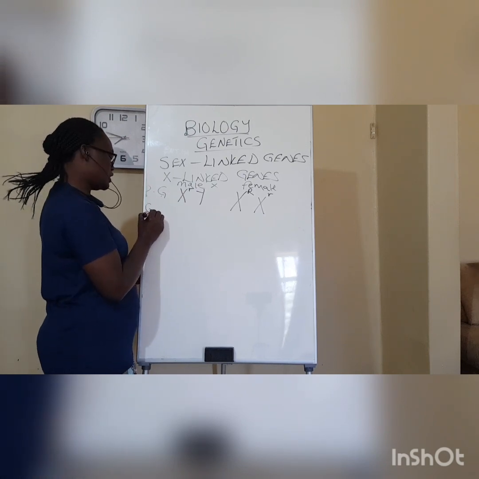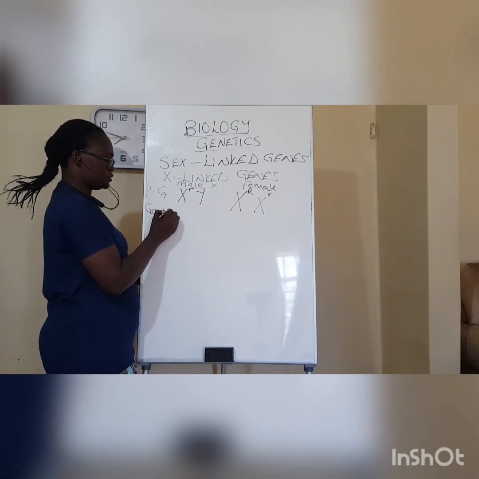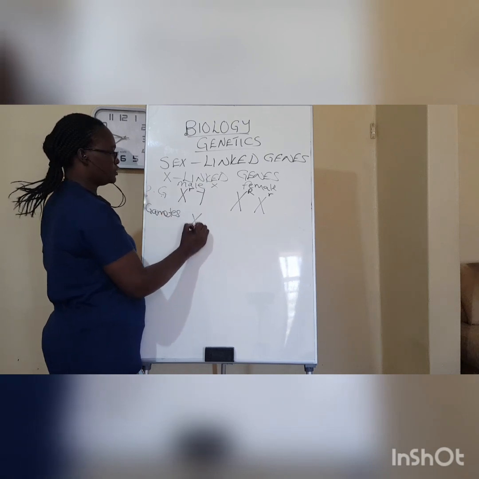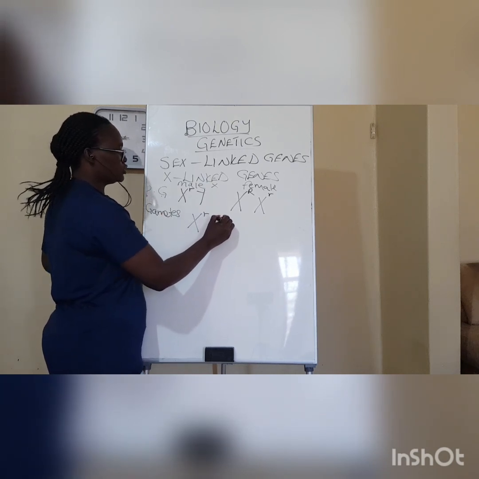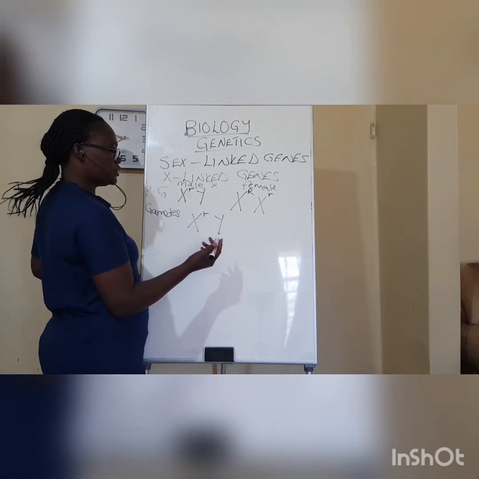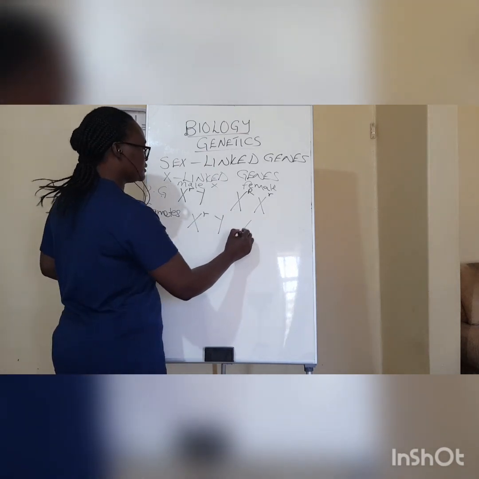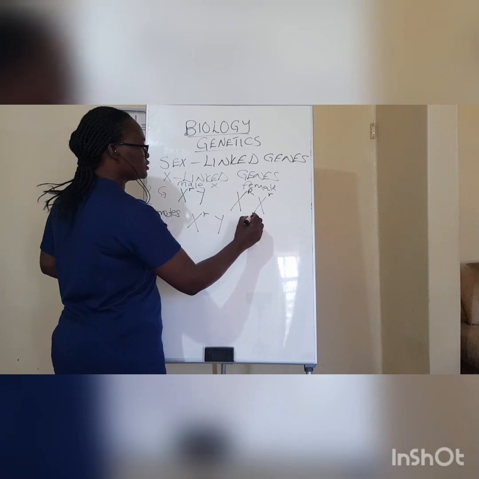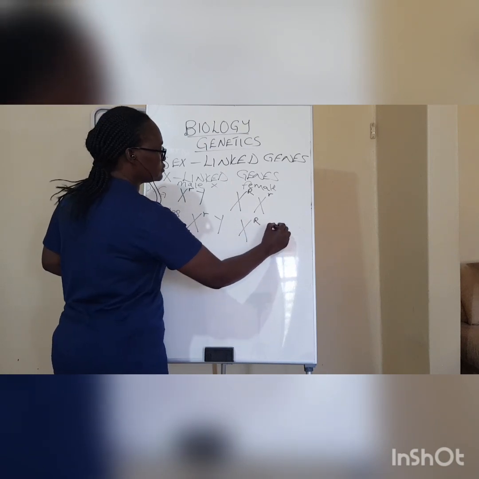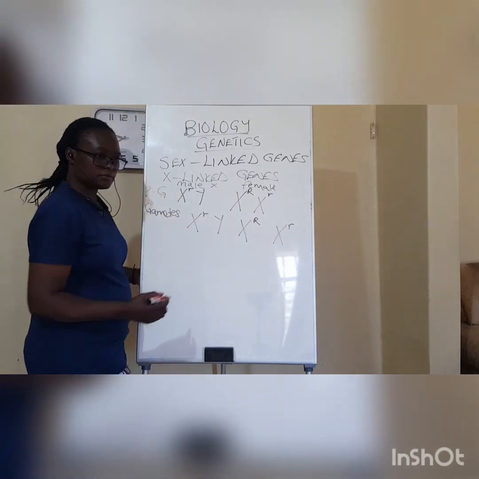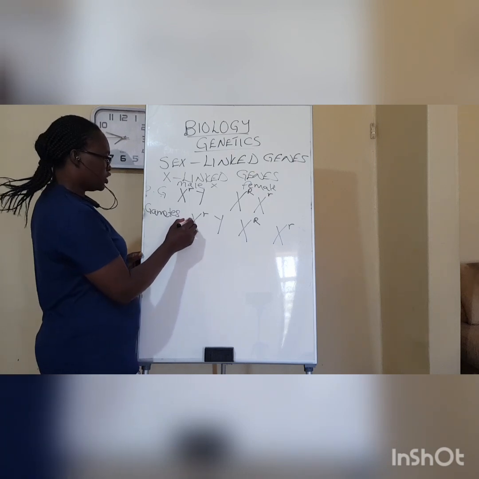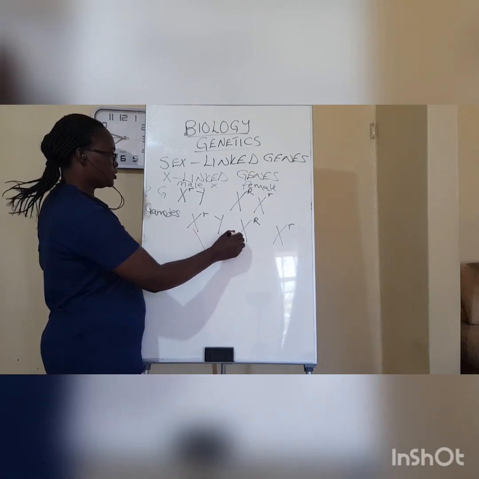Then we have got gametes, which we are going to separate. My pen is dying. What marker is fainting. So this one crosses with that one. This one goes with that one.